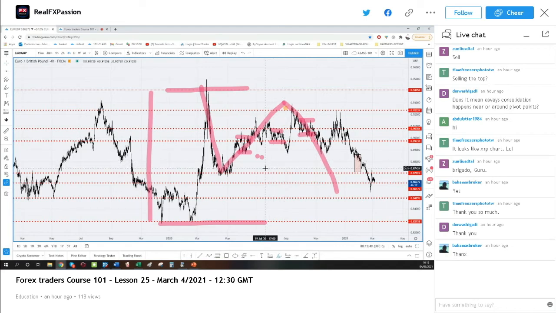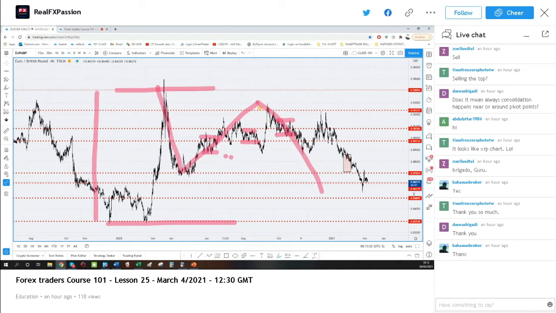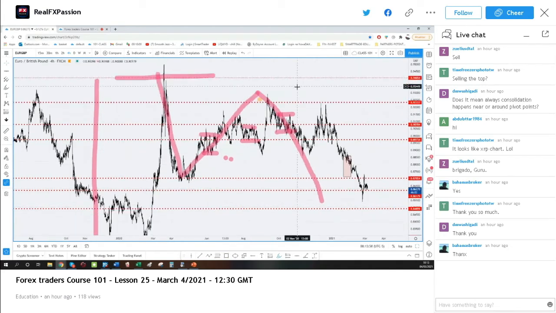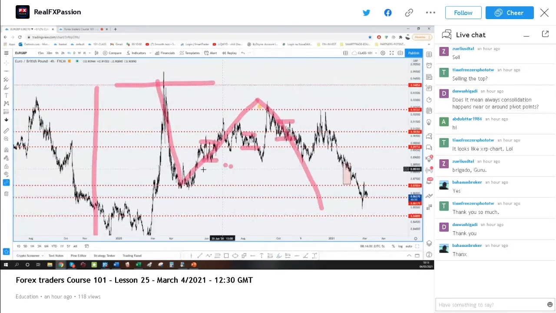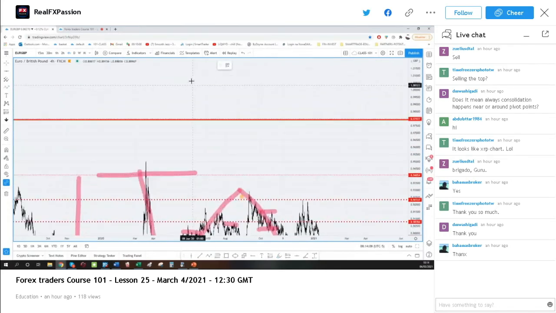Make sense, everybody? So we didn't address the down market wave, but on the down market wave, it's the same. It's exactly the same, just in the opposite direction. So it would be extension, retracement, extension.